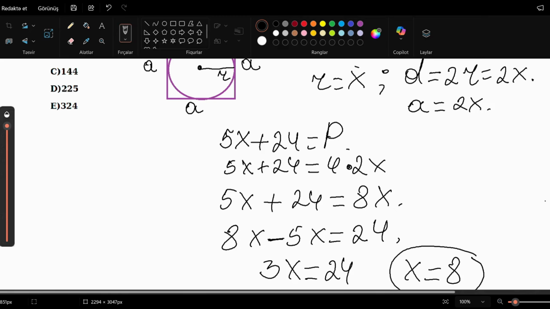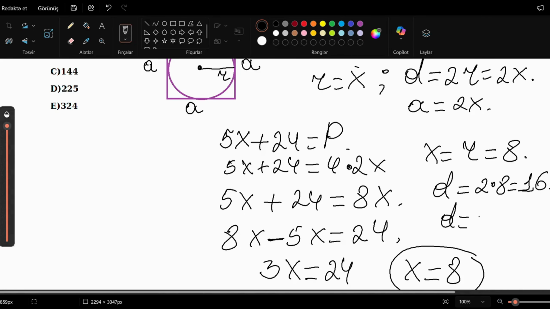I find x equal 8. X equal r equal 8. Diameter 2 times 8, 16. Diameter equal side equal 16.